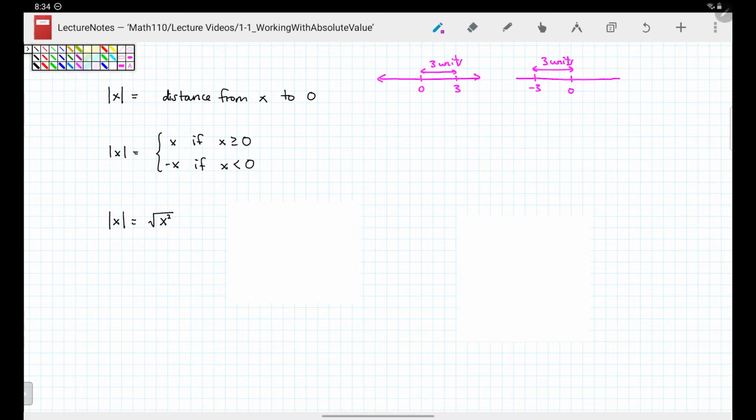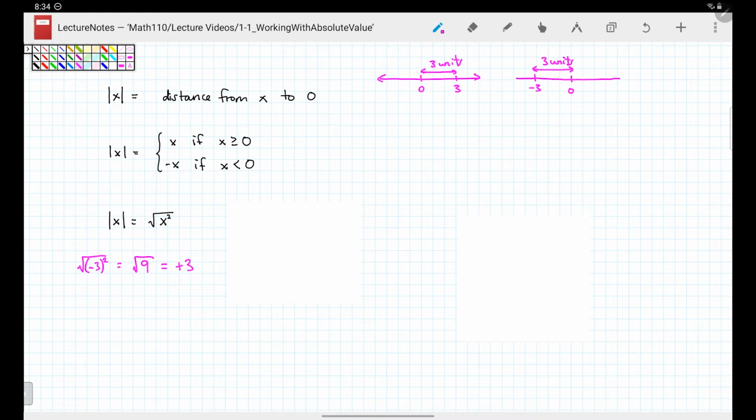Now, some people think that the square root of x squared is x, but if you think about this, if you put in, for example, -3 for x, then if you take the square root of -3 squared, that's the square root of +9, and the square root is defined to always have a positive result. So this is +3. So I put in a -3 and I got a +3 out.